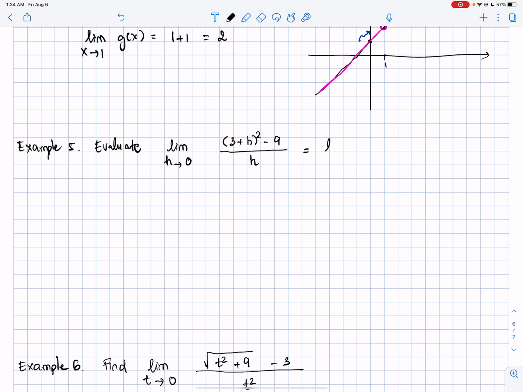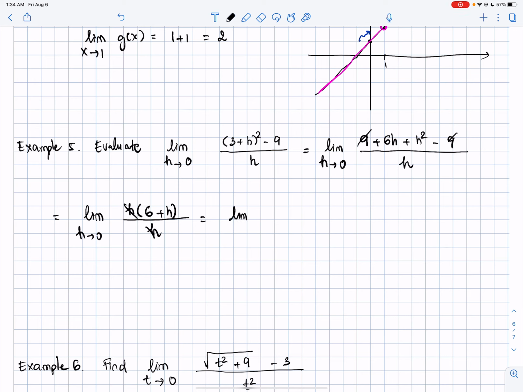Now we do the limit of h approaching 0. What about we open the parentheses? So we get 9 plus 6h plus h squared minus 9. Then we can cancel out the 9 on the top, and also we can factor out the h. So we get h times 6 plus h, over h.